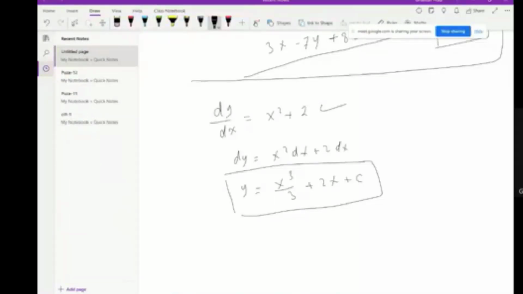We will talk about the specification of differential equations in the next lectures, inshallah.